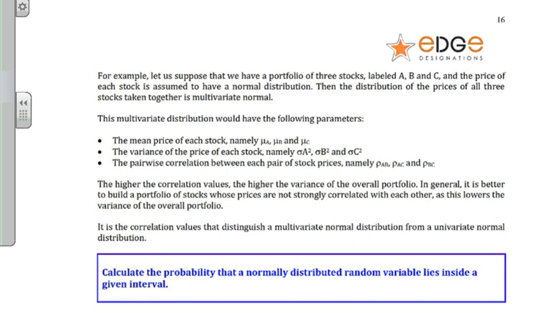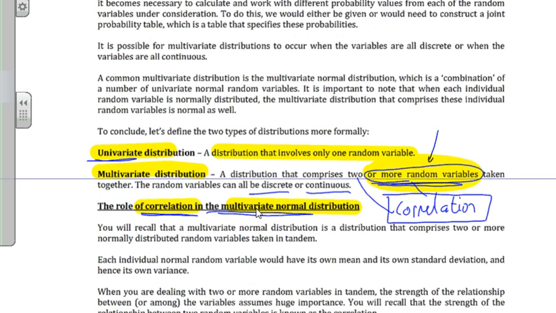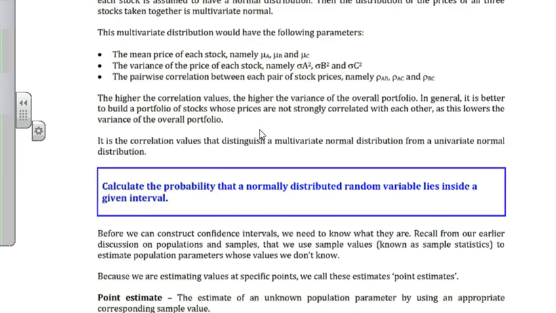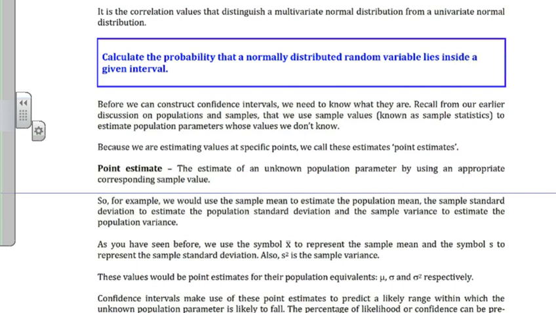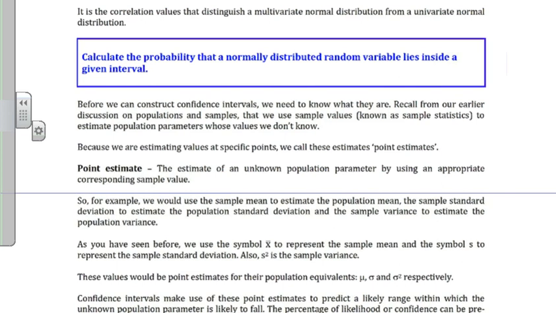If I just take you back over here, you've got your univariate there and your multivariate there. And remember, when we talk about things like correlation and how things are linked, we have to be talking about the multivariate distribution.